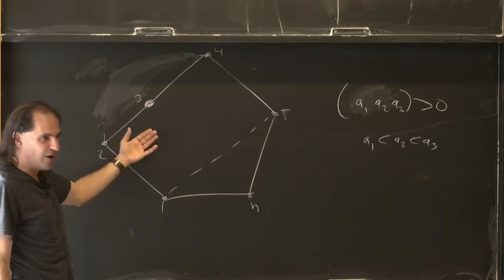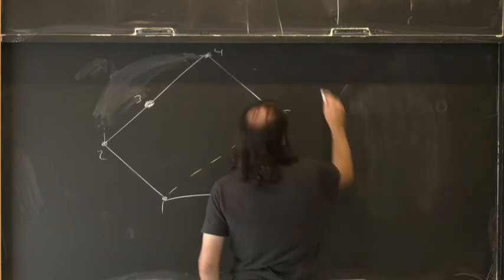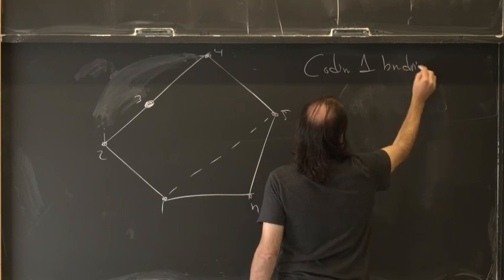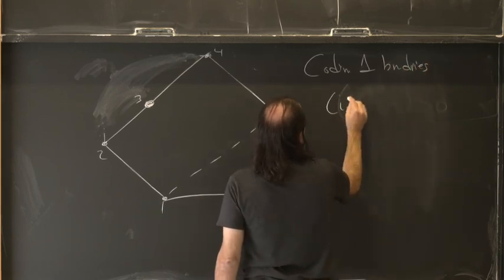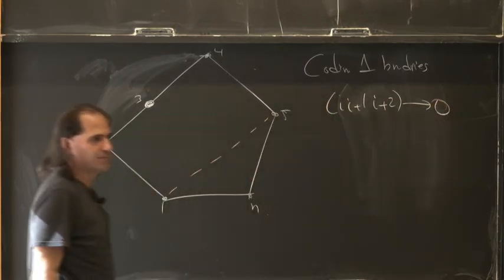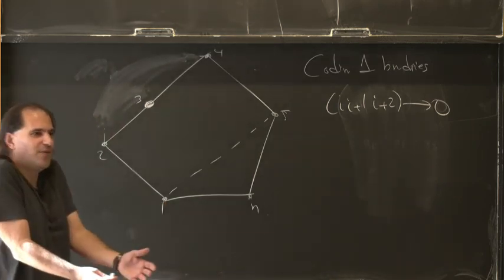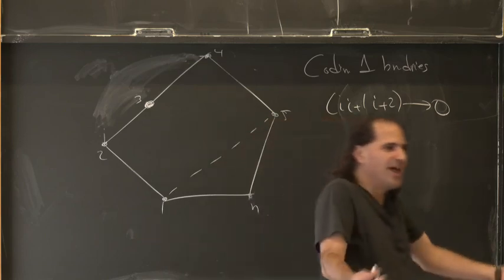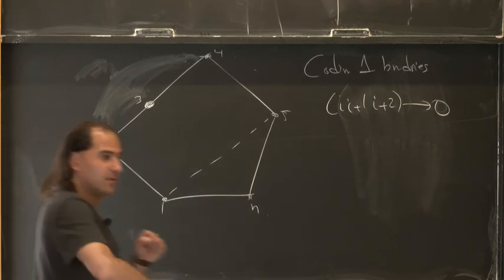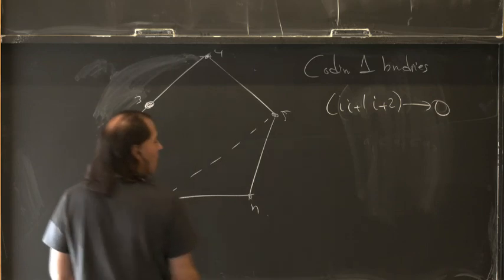All the codimension 1 boundaries of positive G3n, for this reason, correspond to sending I plus 1, I plus 2 to 0. That wasn't built into the definition of the space, right? But somehow it comes out. Demanding everyone's positive actually forces that the consecutive minors matter. And those are the codimension 1 boundaries.